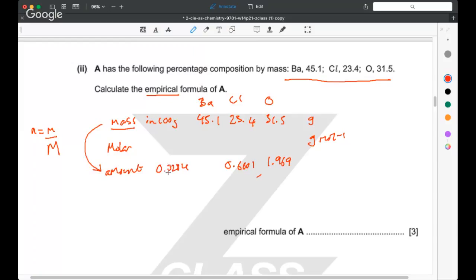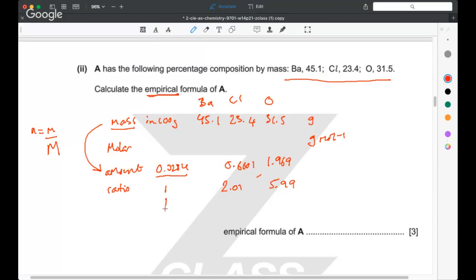So you've got those amounts, and then to compare those amounts, you've got to divide through by the lowest amount to give yourself ratios. And when I divide through by that value there, which is the smallest amount, I get a ratio of 1 for that, 2.01 for that, and 5.99 for that. But because we want an empirical formula, where we'll have a formula with whole numbers, we've got to look at this ratio and decide what the whole numbers are.